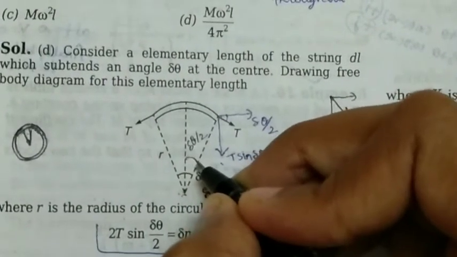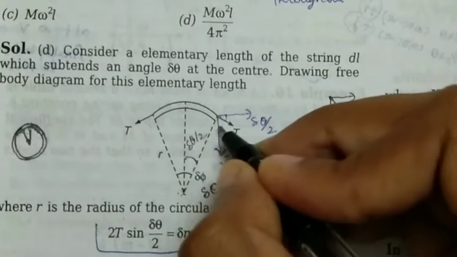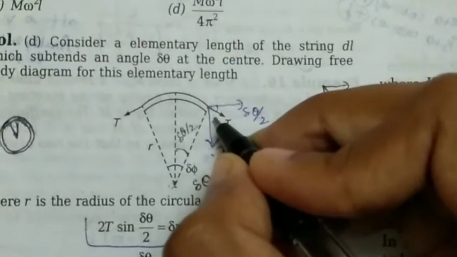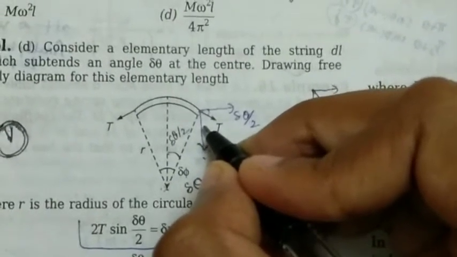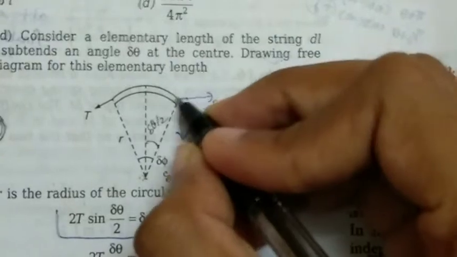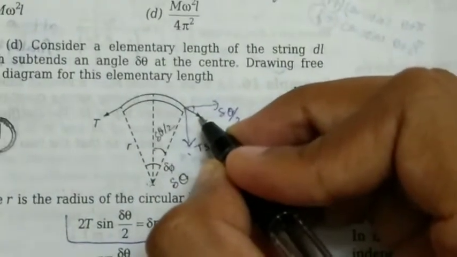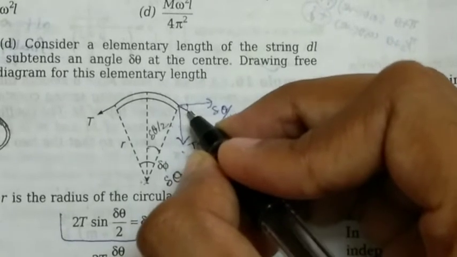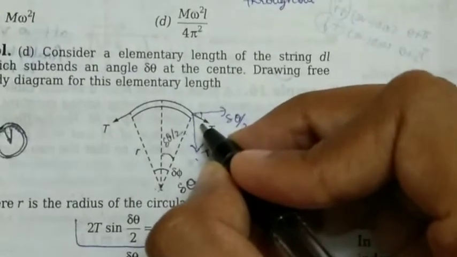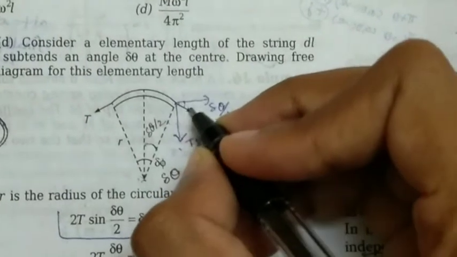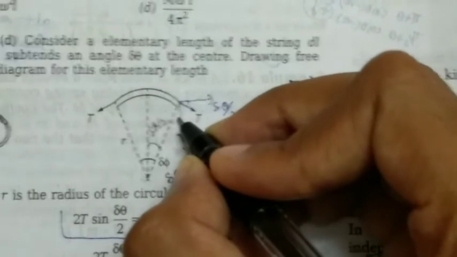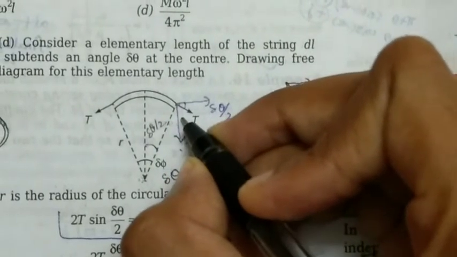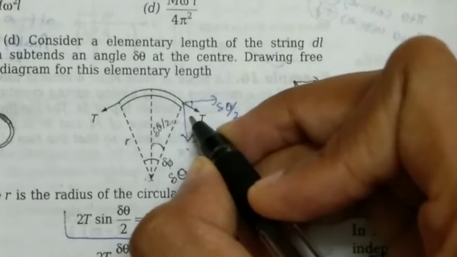And this angle would be 90 minus delta theta by 2, because this is the radial direction and this is the tangential direction, both perpendicular to each other. The sum of these two angles should be equal to 90 degrees. Hence if this angle is delta theta by 2, this is 90 minus delta theta by 2.